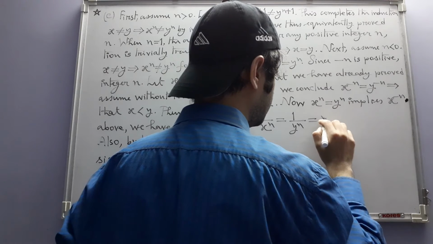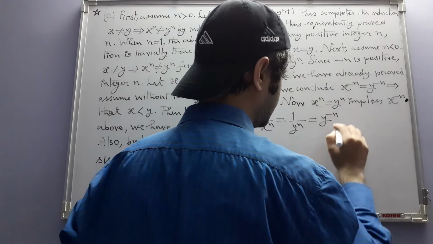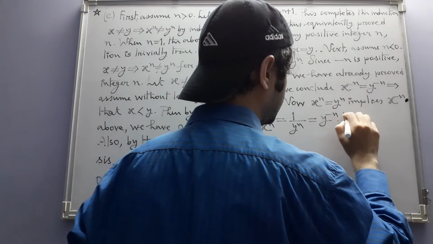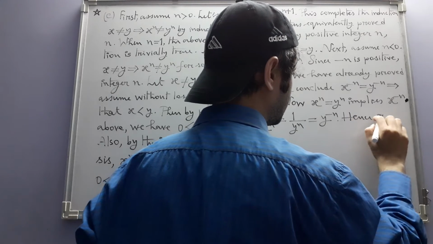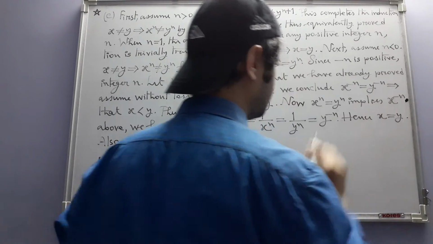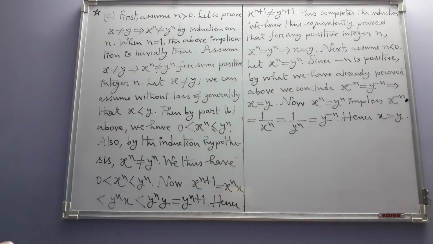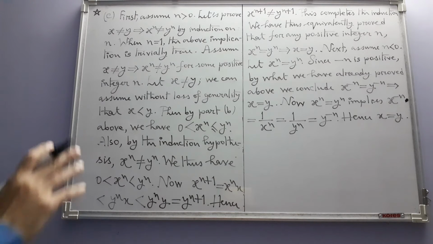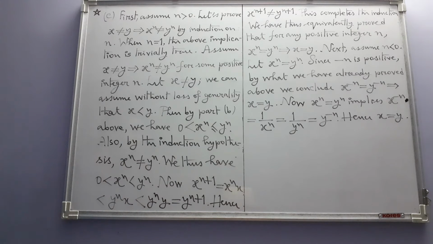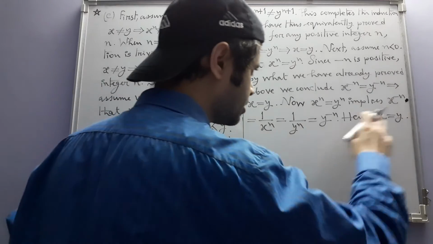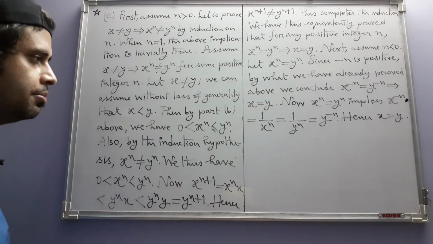This is equal to y to the power minus n. Hence, x is equal to y. So when n is negative, then also the implication is true. So this completes the proof of part C.